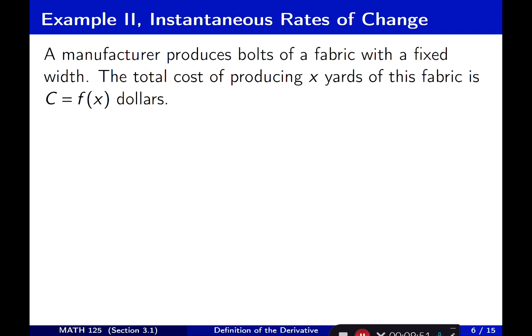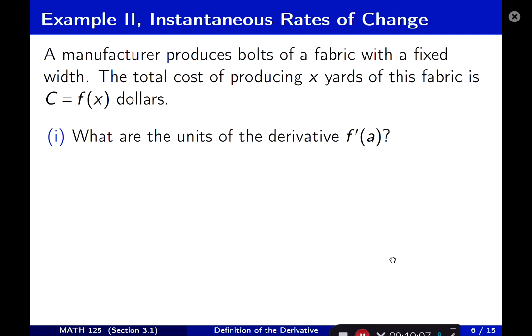A manufacturer produces bolts of fabric with a fixed width. The total cost of producing x yards of this fabric is C equal to f of x dollars. Now, what are the units of the derivative f prime of a?